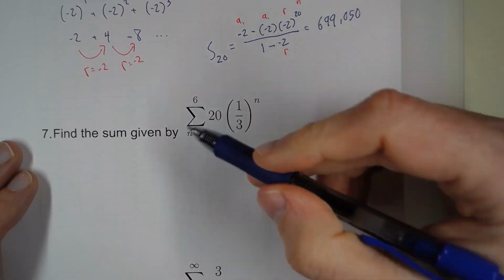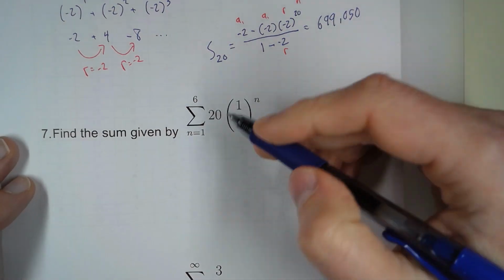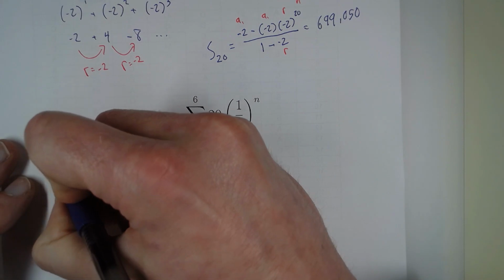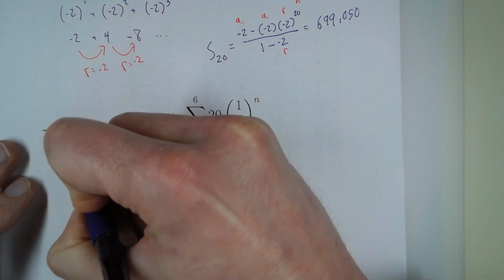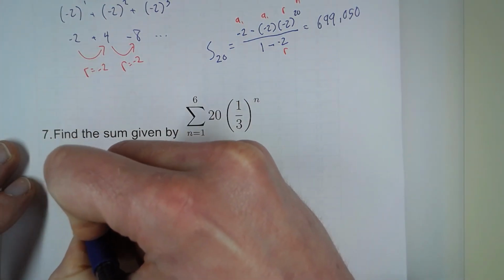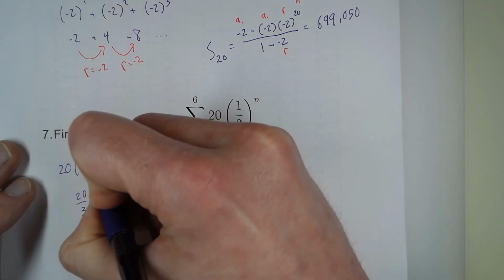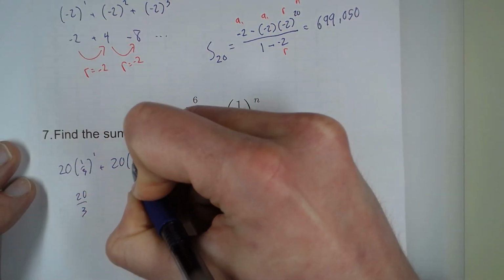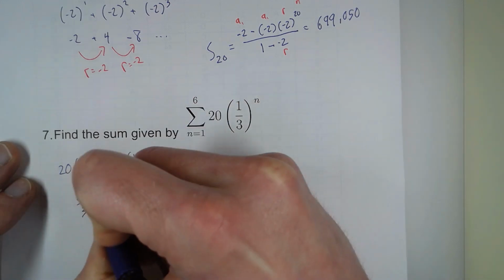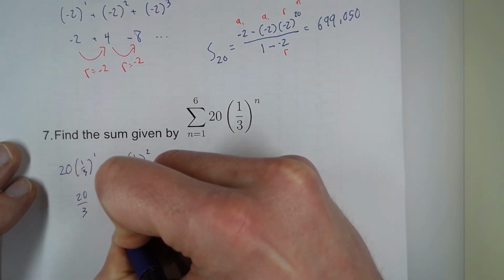Number 7, here we're starting with 1 and going to 6. So we plug in 1, so 20 times 1/3 to the first, so that's 20 over 3. Then the next term, 20 times 1/3 to the second power, so that's 20 over 9.